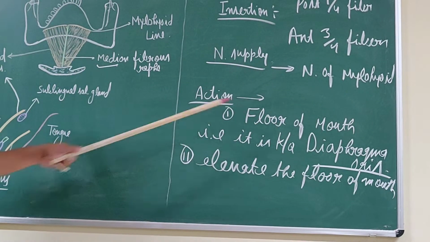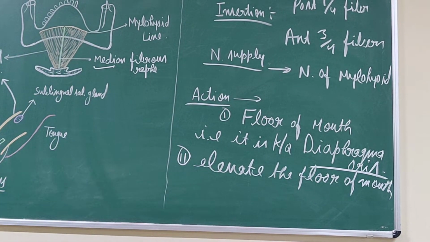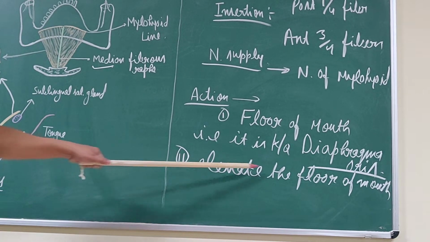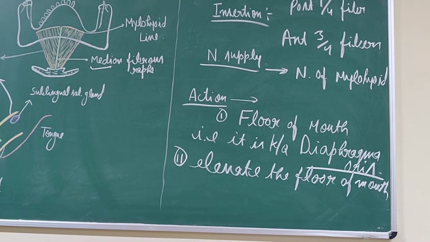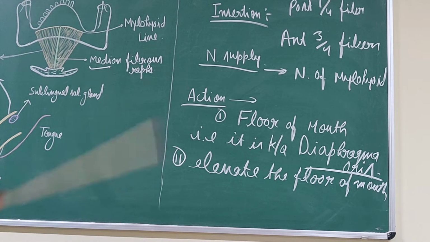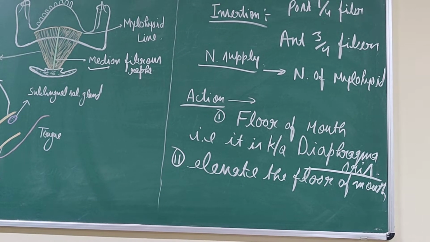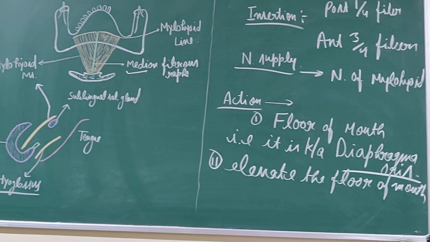As it forms the floor of the mouth, at the time of swallowing it elevates the floor of the mouth to push the bolus onto the posterior part of the oropharynx.